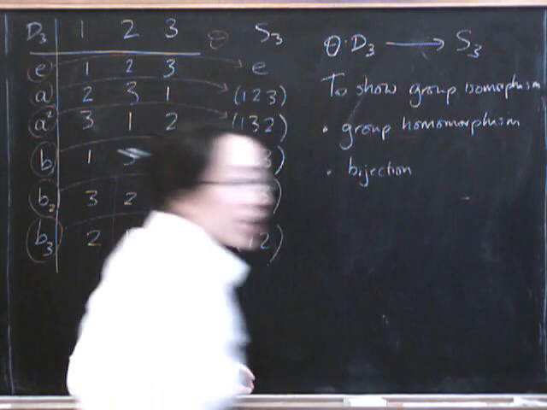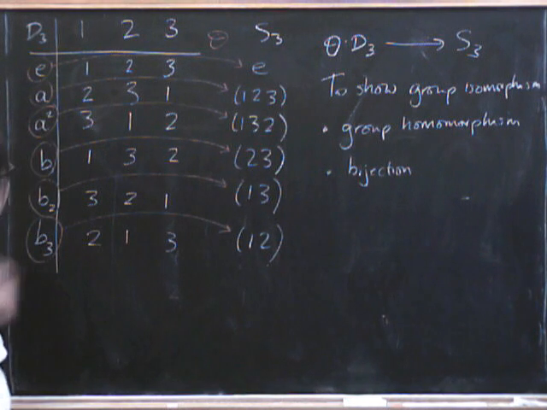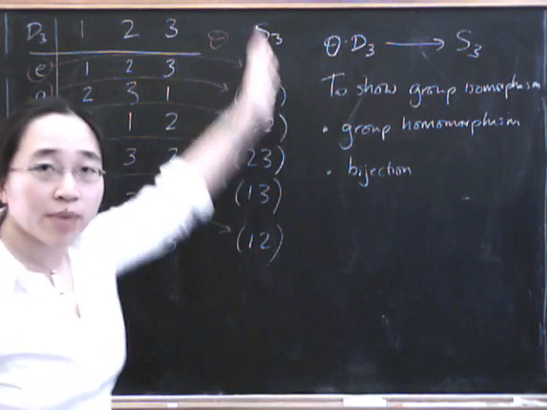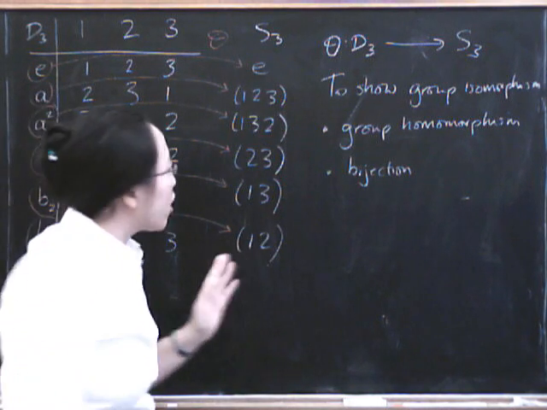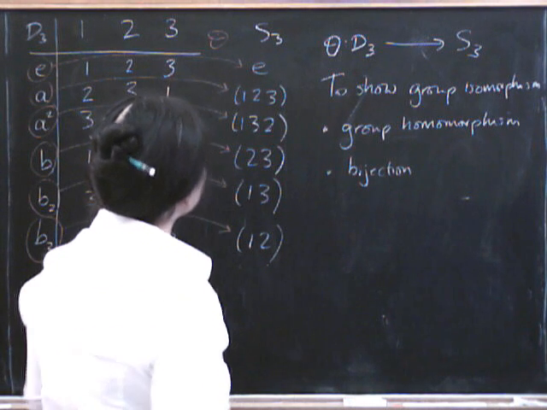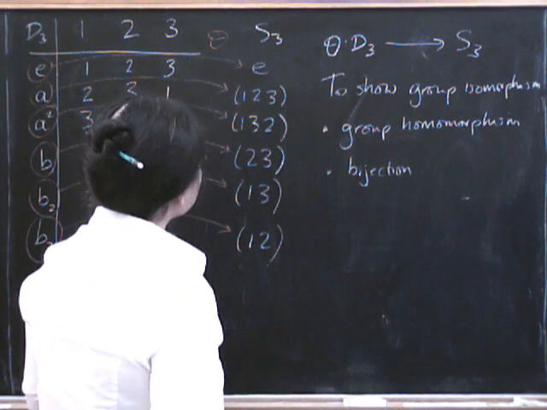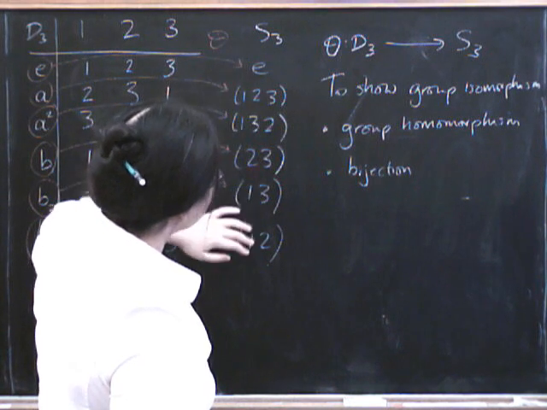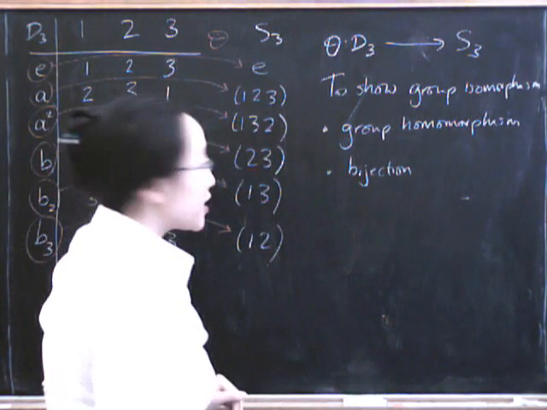Now, to show it's a bijection, we have to show that every element of S3 appears in this list, and moreover, that every element appears only once. So, well, let's have a look. S3 has 6 elements. We've got 6 elements here, and they're all different. So that definitely has to be a bijection.